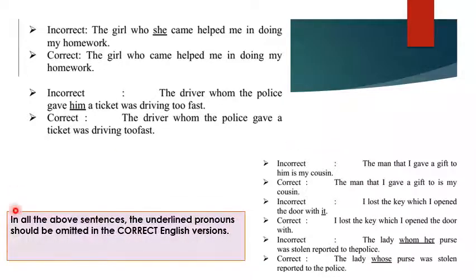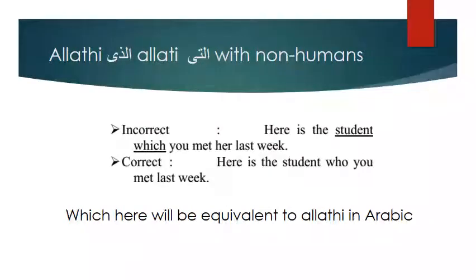So in all the above sentences, the underlined pronouns, okay, should be omitted in the correct English version. Okay. This is another example that is related to الذي and التي and the use of who and which type. Let's have a look at this example.